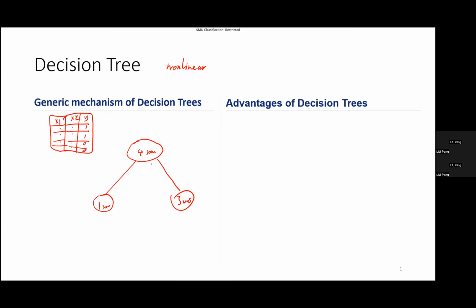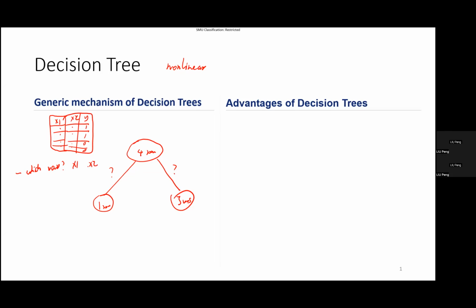So the question is, what goes in here, right? This is where we make decisions, and this decision concerns the growth of the tree. I have 2 types of choices here. First choice is which variable do we choose, right? Is it X1 or X2?